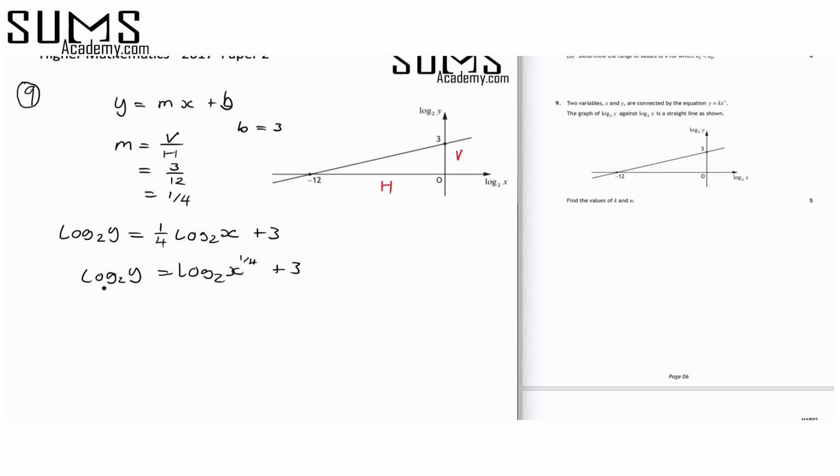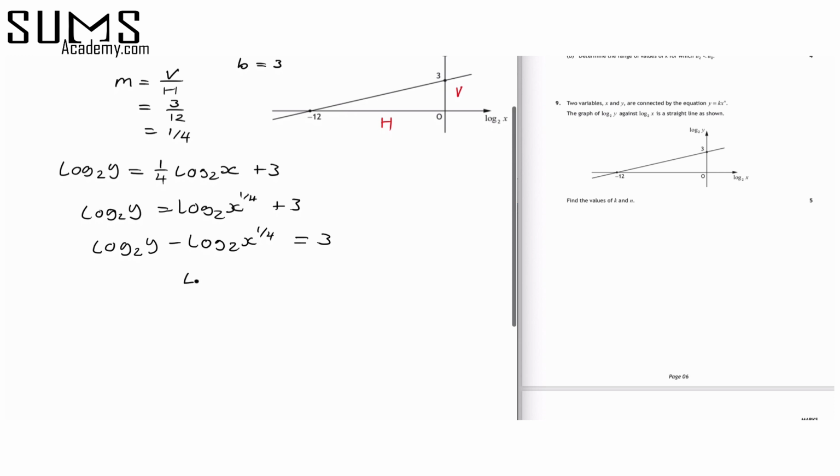Now if you move this over to this side, you get log 2y minus log 2 of x to the power of 1 over 4 equals 3. And because of the log rules, you get log to the base 2 of y all over x to the 1 over 4 equals 3.